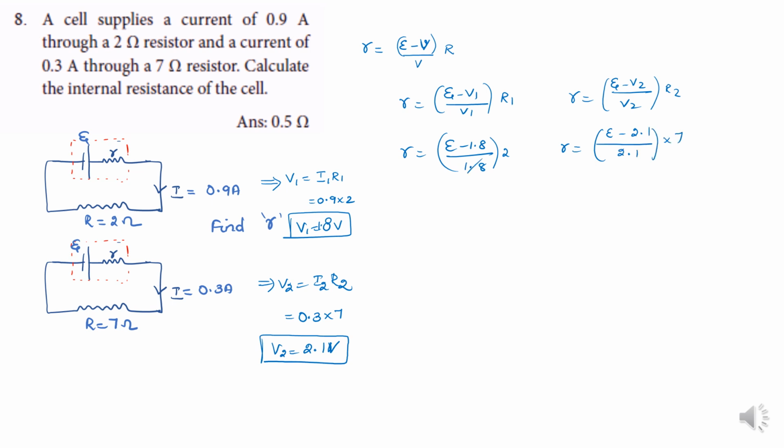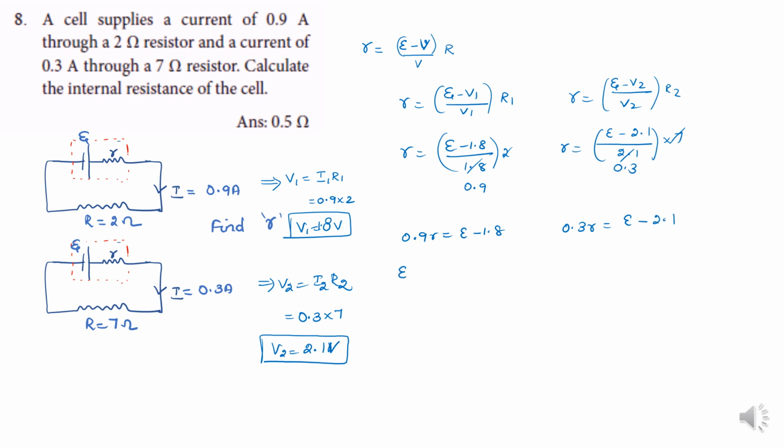Cancelling, this side comes around 0.9, this one 0.3. So 0.9 r is equal to epsilon minus 1.8, and 0.3 r is equal to epsilon minus 2.1.